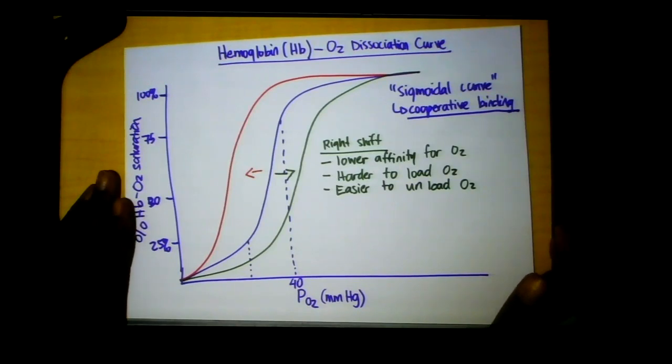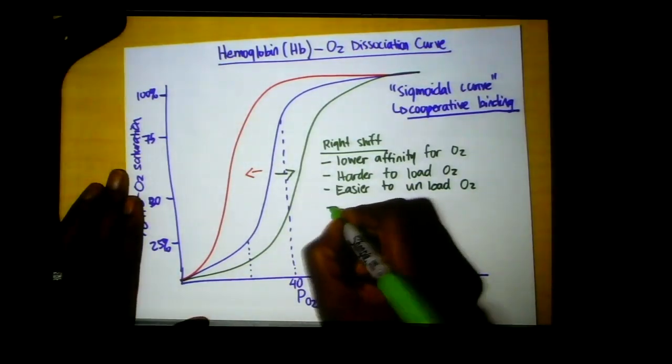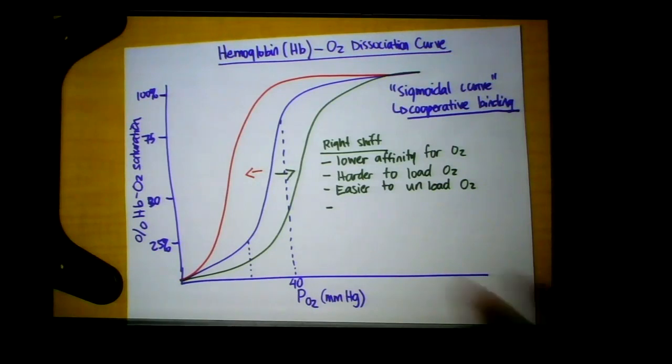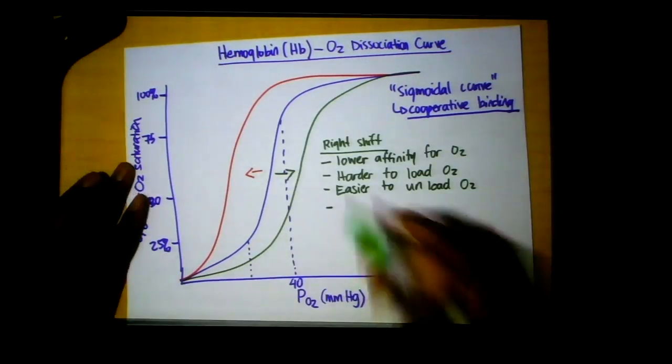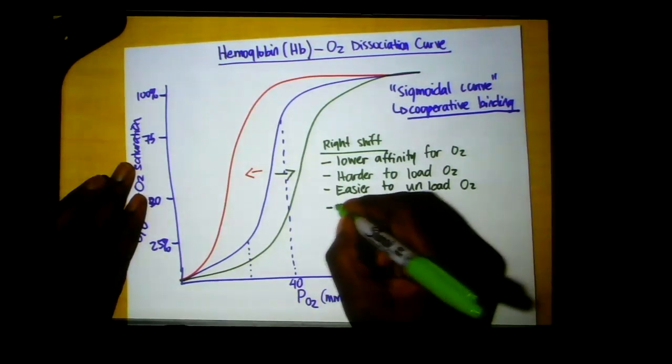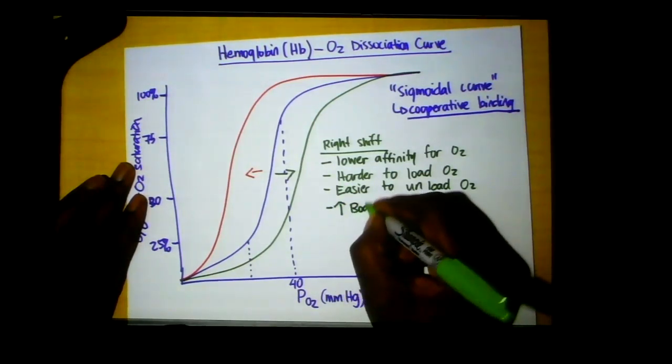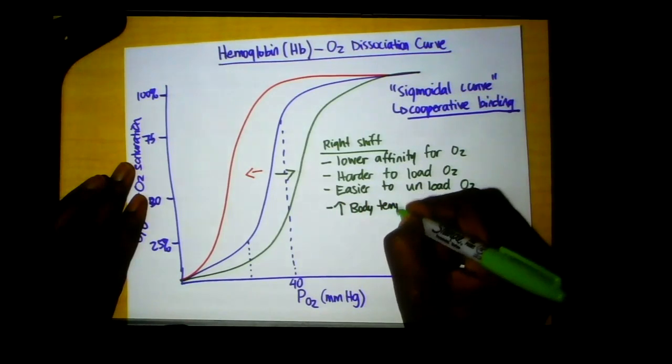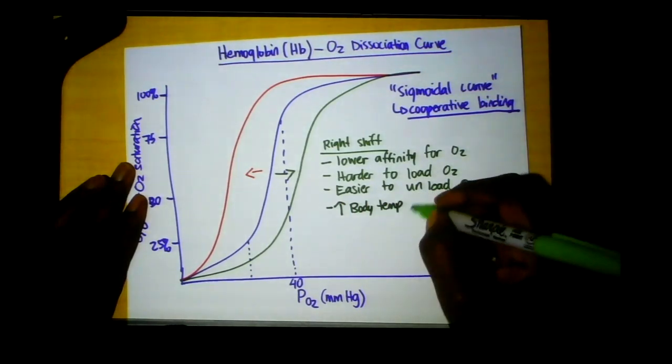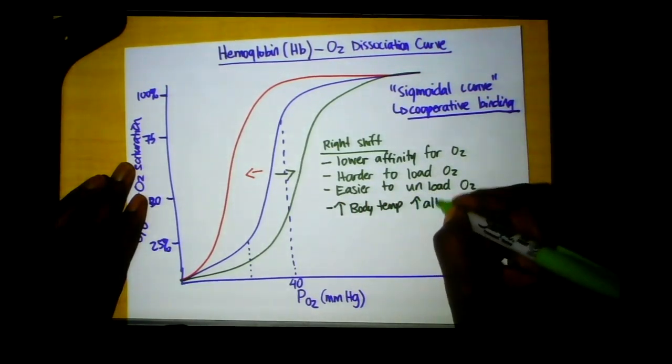Okay? And we're going to talk about a lot of different states that align with this right shift, but we'll mention 2 things here now. This happens under the instance of increased body temperature, as well as increase in altitude.